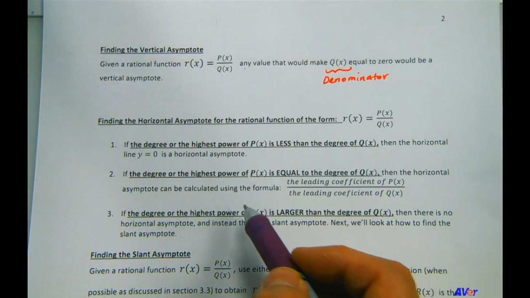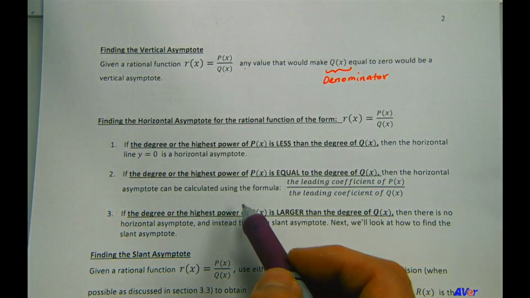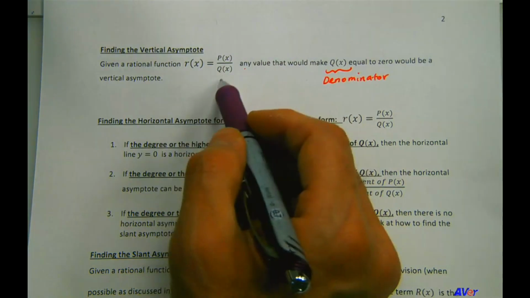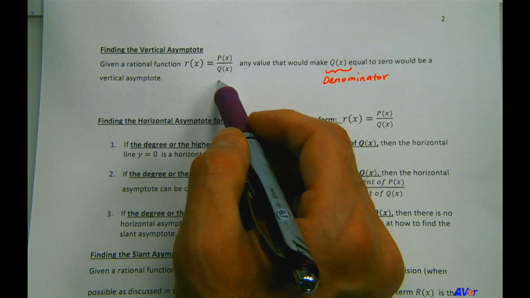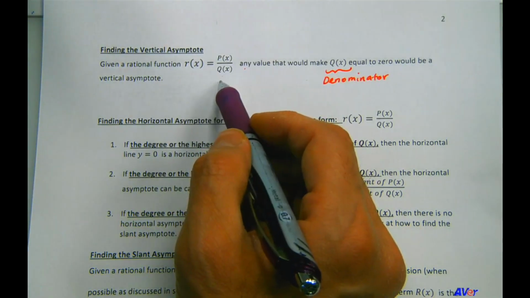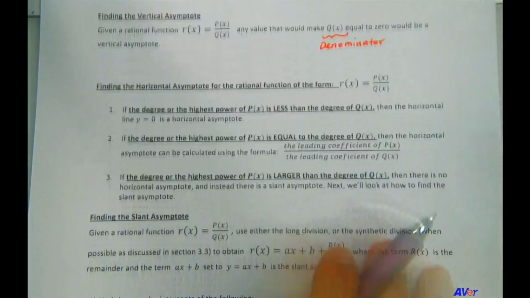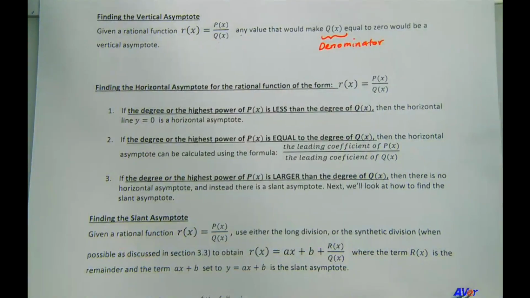At that x value, the rational function cannot have a value. We cannot have the denominator of a fraction be 0, because in that case the fraction will be undefined. So that's how we find the vertical asymptote.